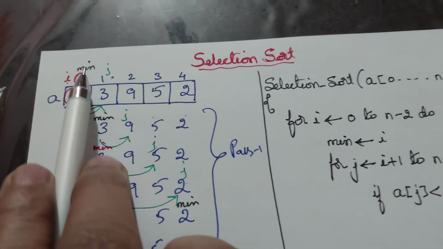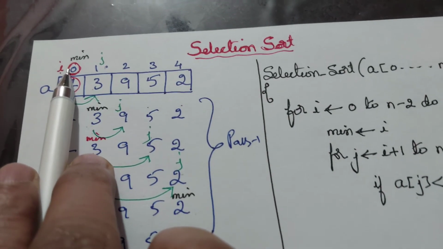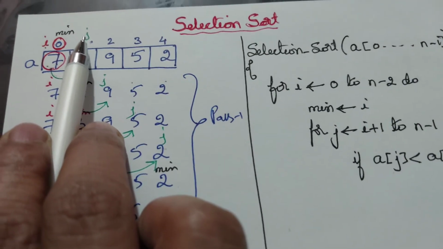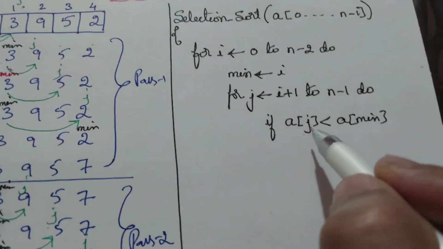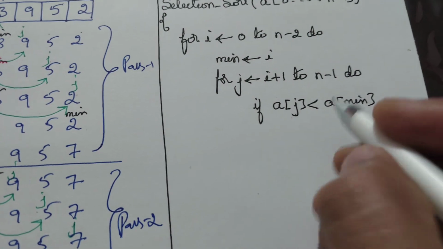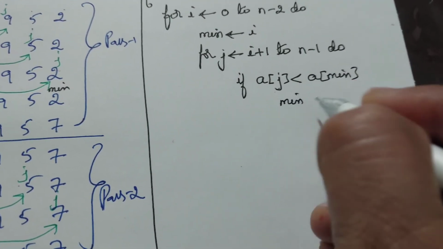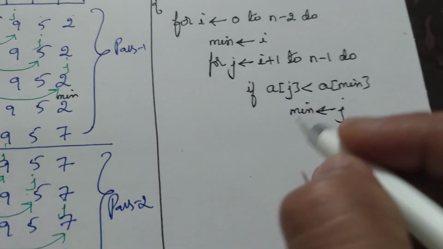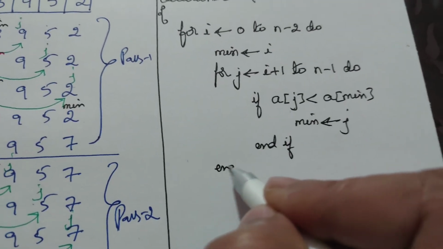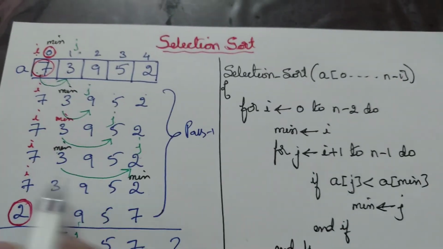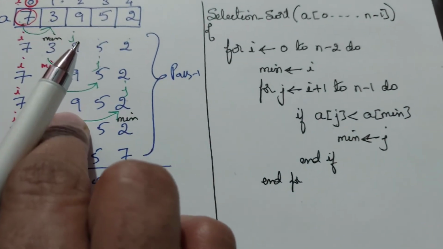After comparison, we came to know the minimum element is not in position I, it is in the jth position. So I change min. If the jth element is minimum, I need to change the position min to j. End for.